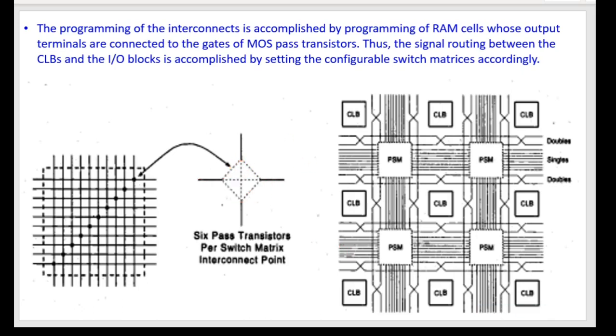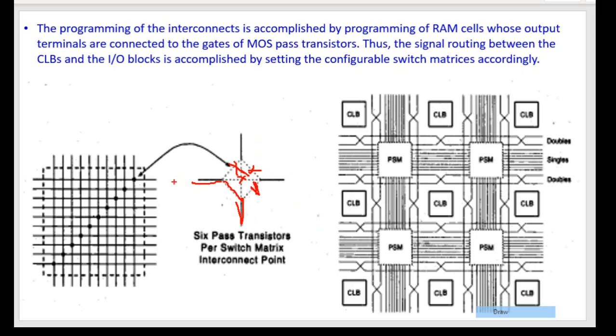Okay, so let's say I want to connect this line with this line. In this case I would like to use this particular pass transistor. This pass transistor will be switched on so that it forms a conducting path between these two interconnect lines, and the rest of the pass transistors should be switched off, or cut off simply, so that there does not exist any connection between this line and other lines.